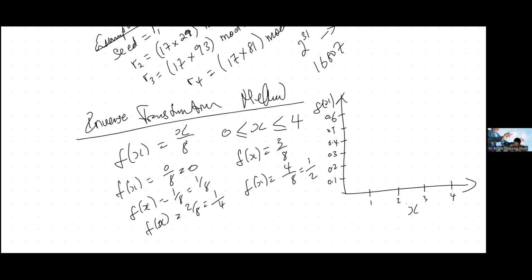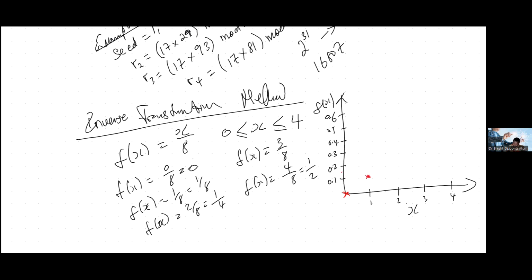So we plot f(0) for 0, which is there. Then f(1) is 1 on 8, which is around 0.1.